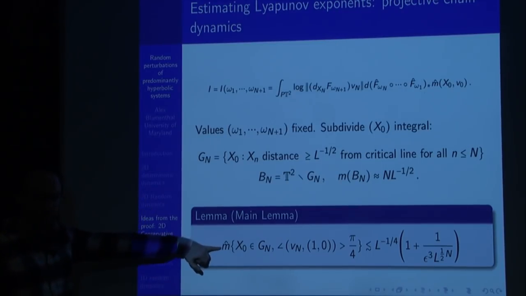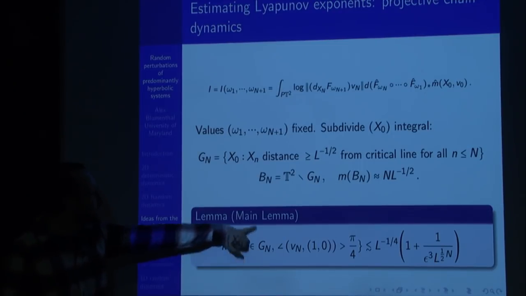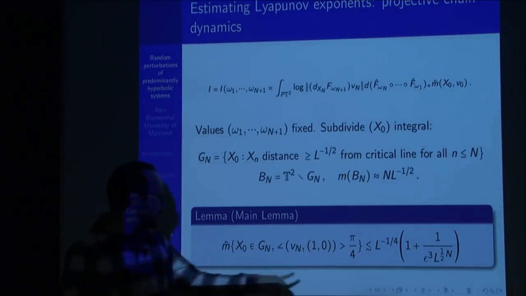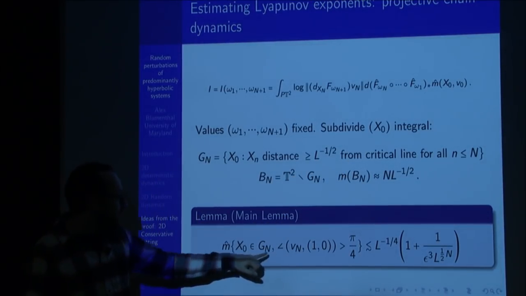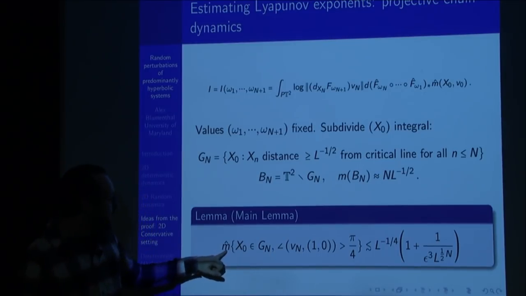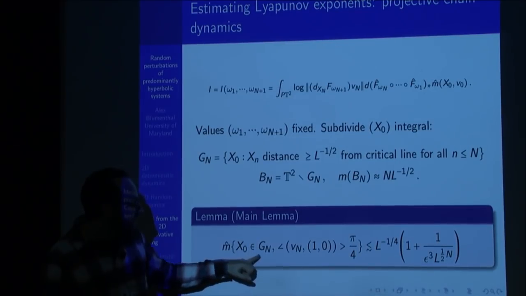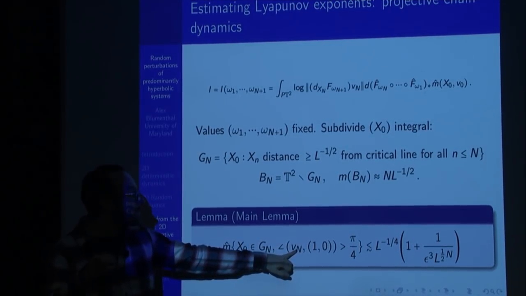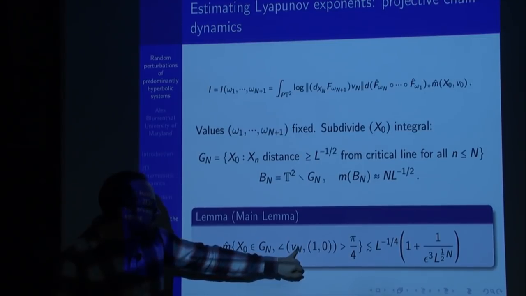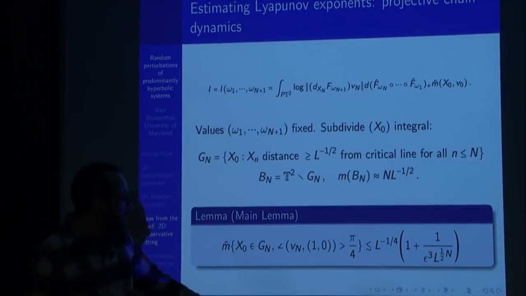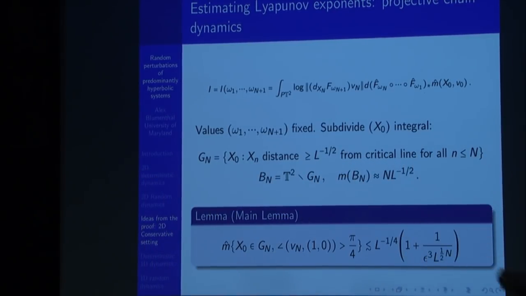What I want to prove is that for most points x, for x in this good set that avoids the critical line until time n, the mass assigned to the set of (x_0, v_0) for which v_n at time n is at an angle greater than pi fourths is really, really small. All right. So here, I feel like I should really draw a picture.